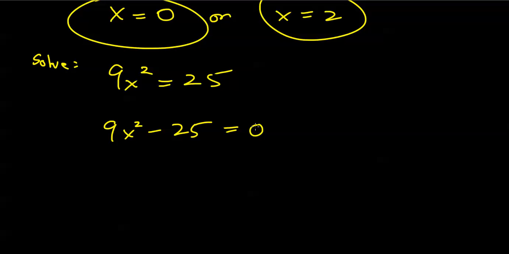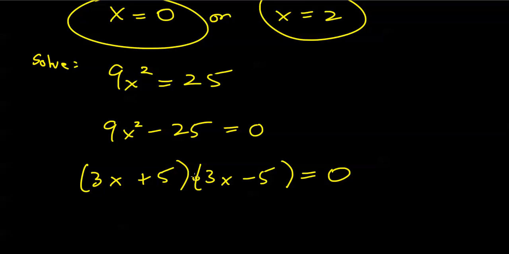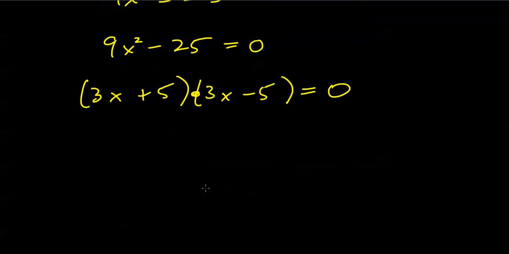And of course I can recognize this binomial on the left as a difference of squares, like we talked about in section 5.7. So I can factor the left hand side as 3x plus 5 times 3x minus 5 equals 0, and then using my zero product rule, branch this off.